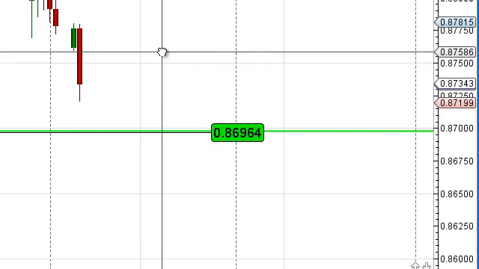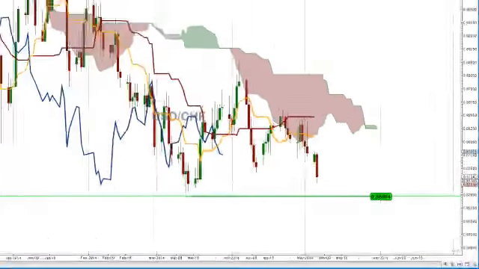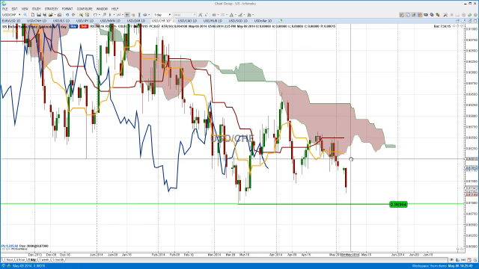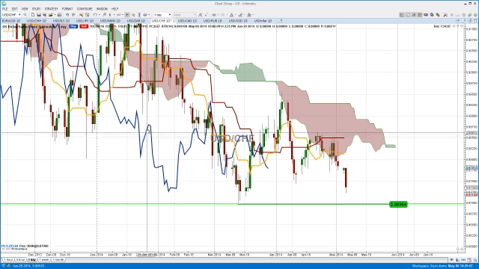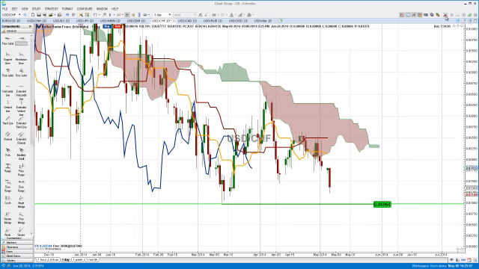Let's just see, stop probably around here, and that probably would be a good point. If we put it back on the ask price, we can put a stop around here. What we're looking at are these kind of levels, which are actually Fibonacci levels.